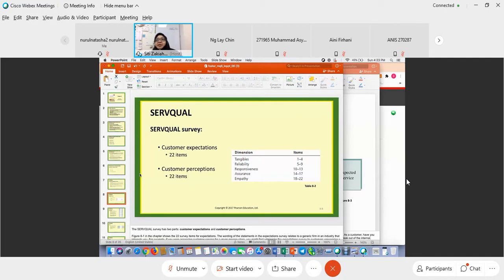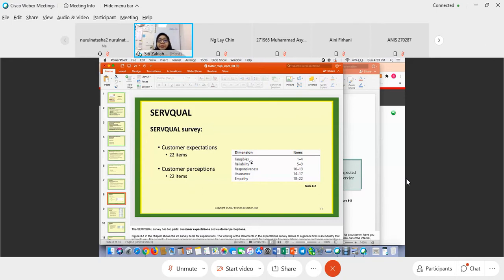Expectation is before they have the service encounter, before they experience the service. Then after they experience the service, you give them another survey. So all in all, SERVQUAL has 44 questions, 22 for expectation and 22 for perceptions.